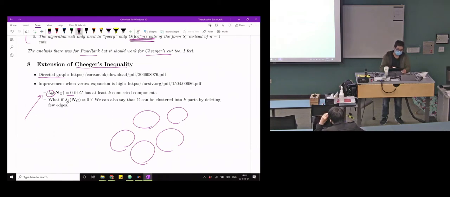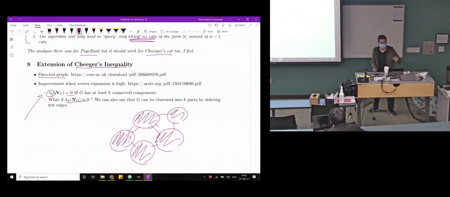But if lambda k is close to 0, we can prove as well that the graph is close to having k clusters. That is a cool thing. Just by looking at lambda k, you kind of know whether the graph has k clusters or not. So it's good for graph clustering. People actually use it.